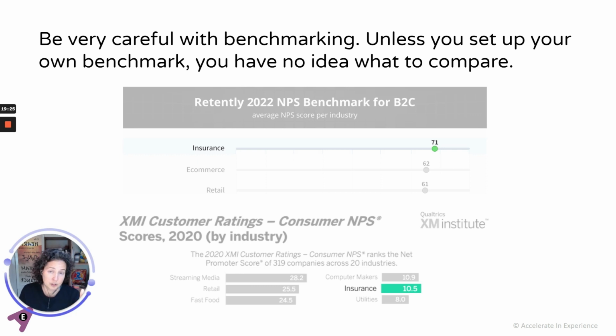Directly after a touch point, the scores are always super high, versus maybe you are measuring the NPS completely at the end of a journey, which might mean a lower NPS, or you're measuring your brand NPS.